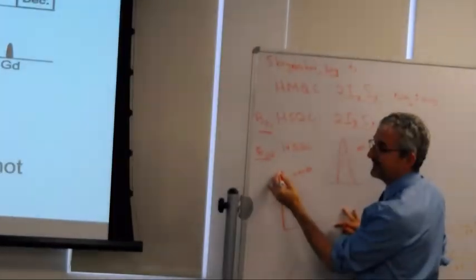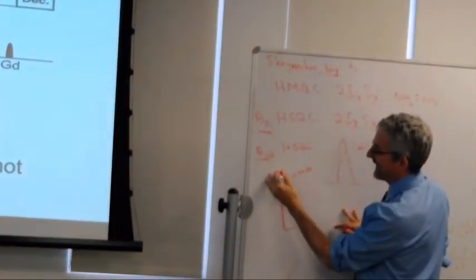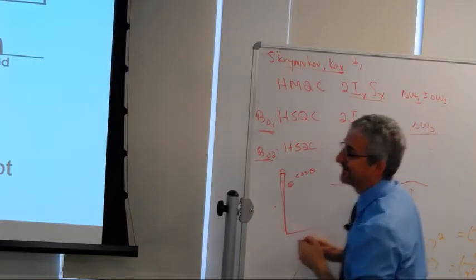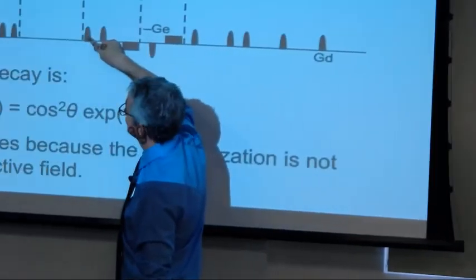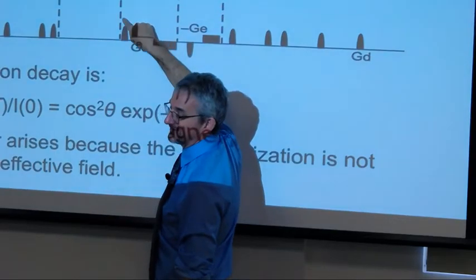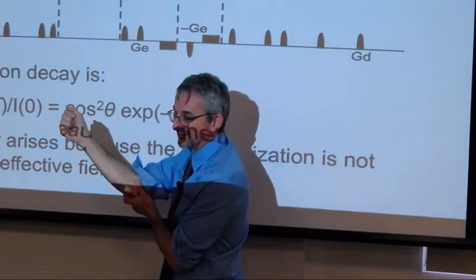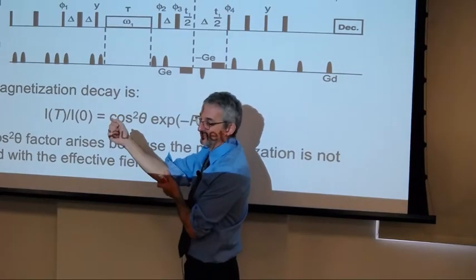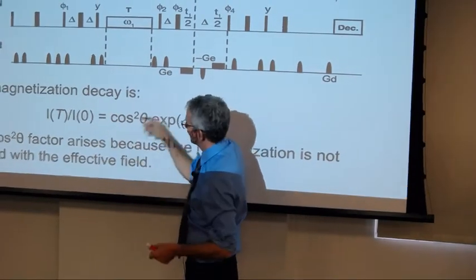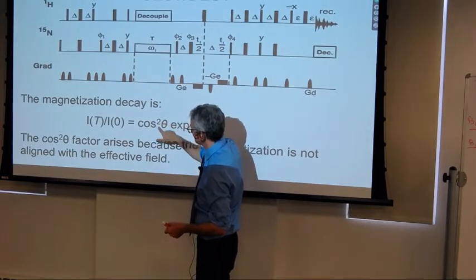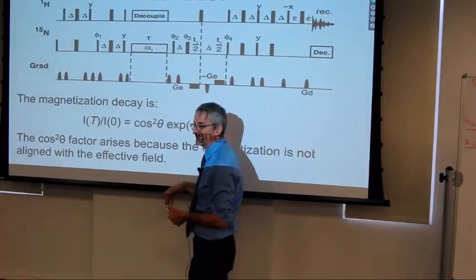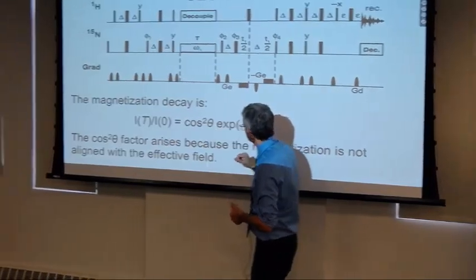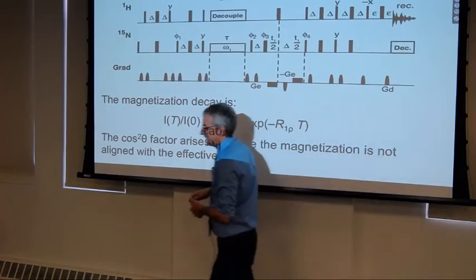And after the period capital T, we don't bother moving the magnetization back to the z-axis. This pulse, this gradient dephases the magnetization that's not along z. So we just read out the part that's along z rather than the total magnetization that's along the effective field. So we lose another factor of cosine theta. So we're reduced by cosine squared theta, but this theta is typically under 10 degrees or so, so that's not much of a loss. And then we just have R1 rho.